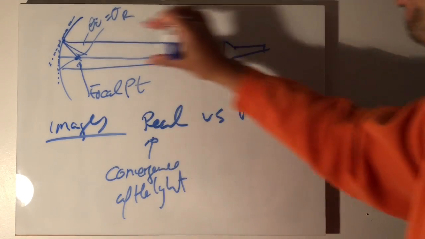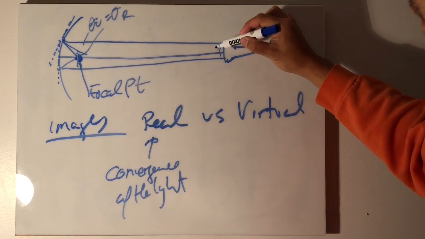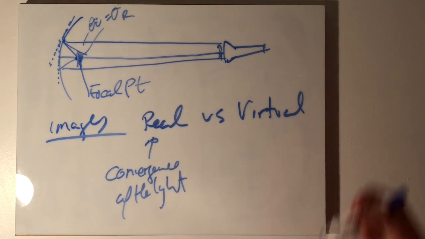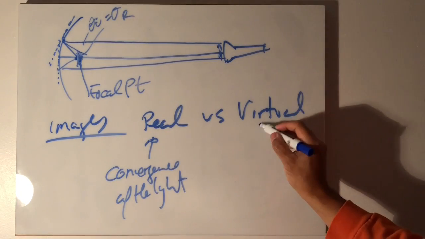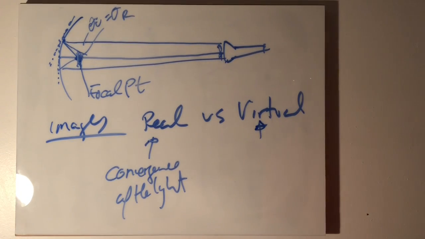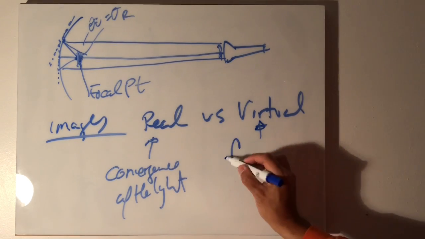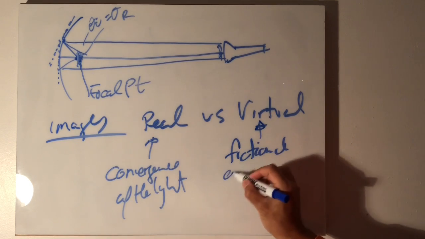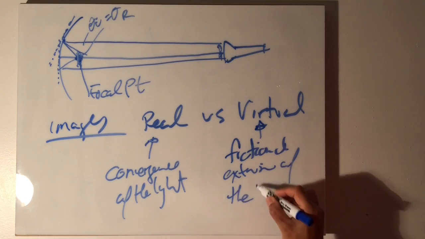So it bounces off and converges here. If I had a screen in front of here, I'd be able to generate an image here, because that's where the light would reflect. Virtual would be the fictitious, fictional extension of the light ray.